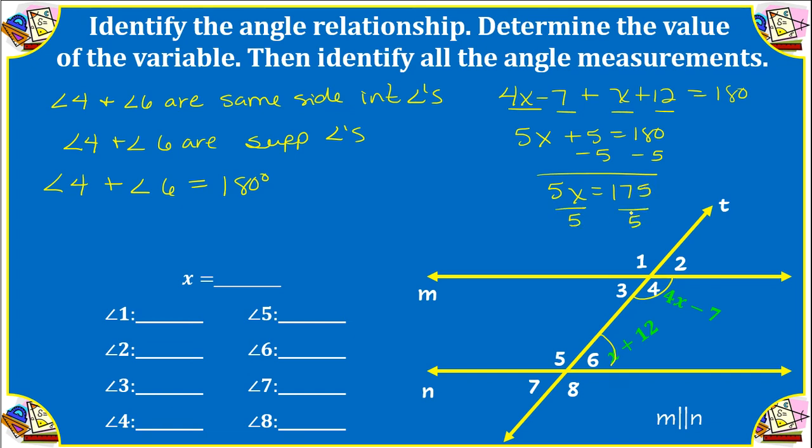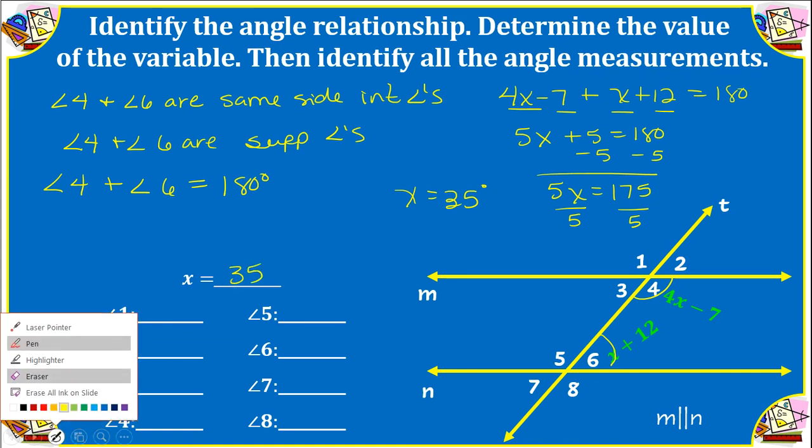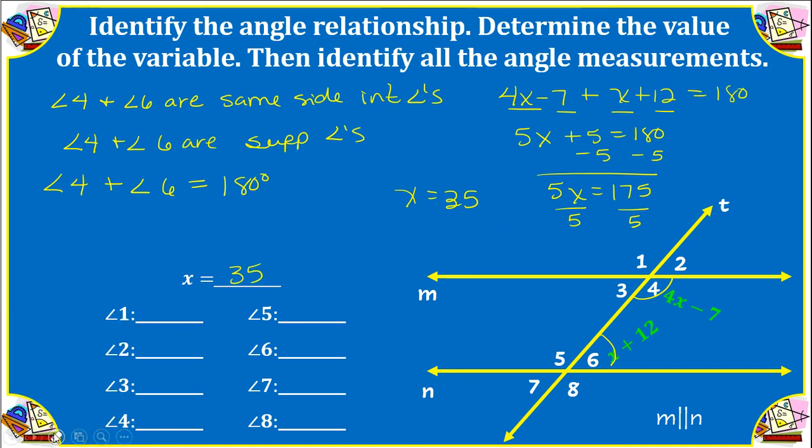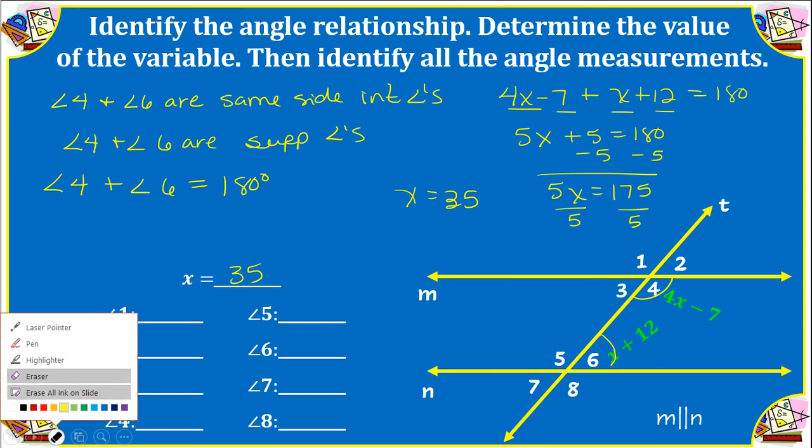I think this is the same one we did earlier. And so we get 35. Well, I'm not going to say degrees. It is not degrees there. It's just a value. Now we're going to find the degree by plugging in.